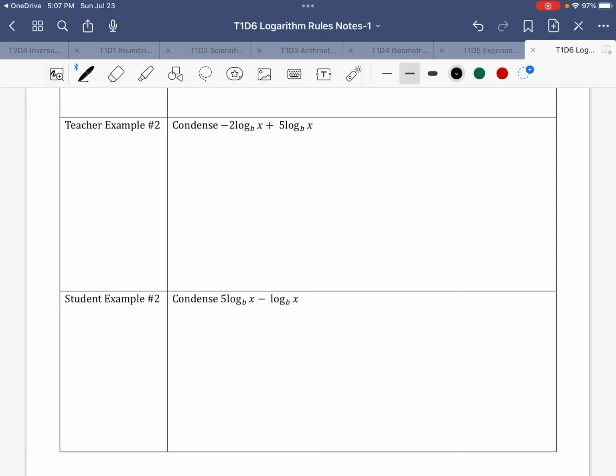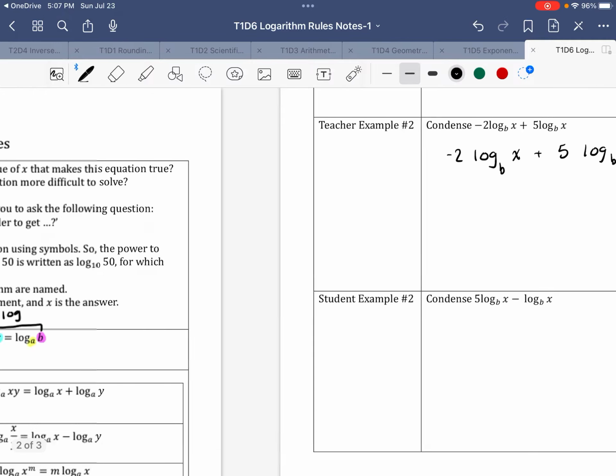Teacher example number 2 asks us to condense this expression, negative 2 log base b of x plus 5 log base b of x. What we'll see is that we have a negative 2 and a 5 acting as coefficients out in front.